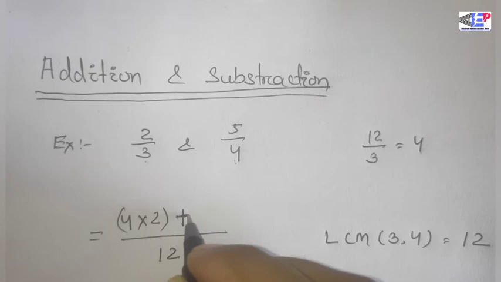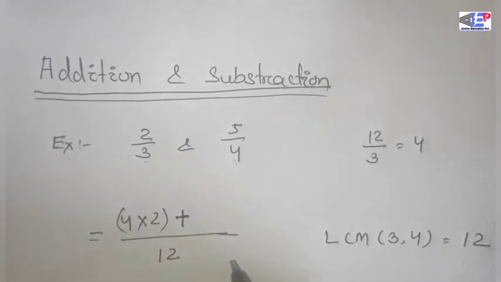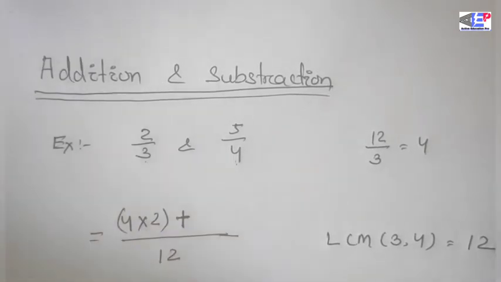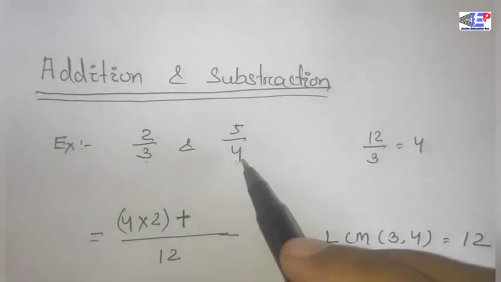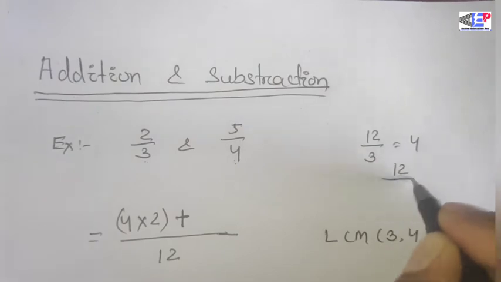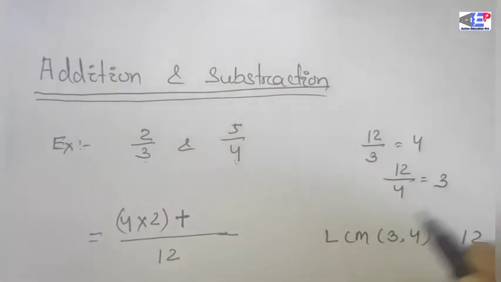And then it is addition, so put a plus symbol, and then follow the same process again. First divide the LCM by the denominator, meaning divide 12 by 4, and the quotient is 3.